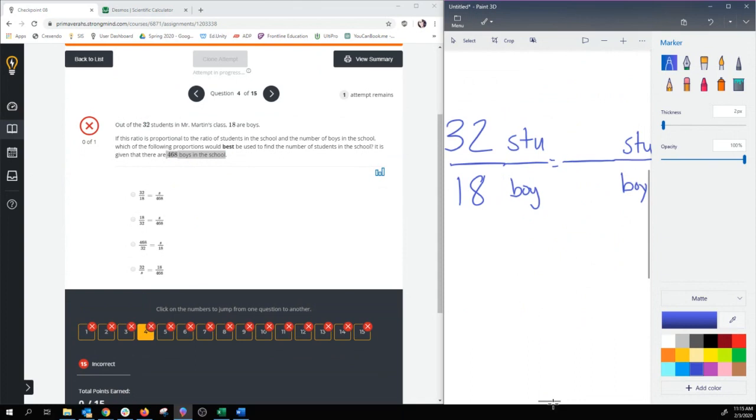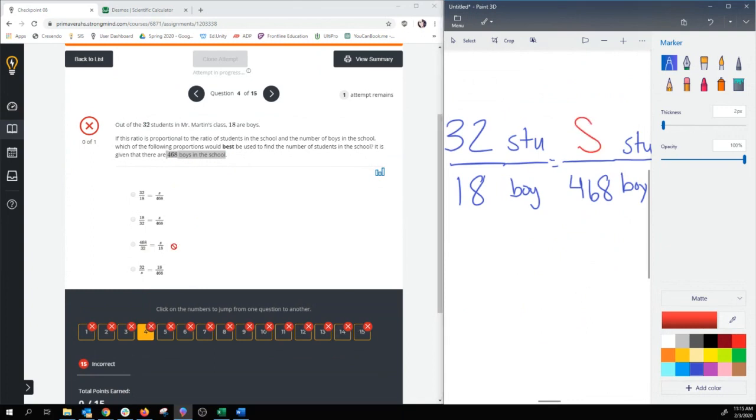Because since boys is on the bottom here, boys is going to be on the bottom here. And since I don't know what number goes up here, what should I put here? A variable, right? S or X. I'm going to use S because in this problem, it has S.